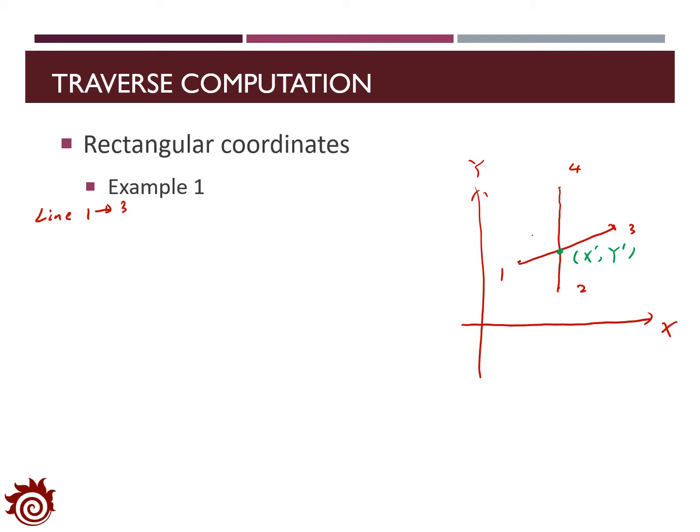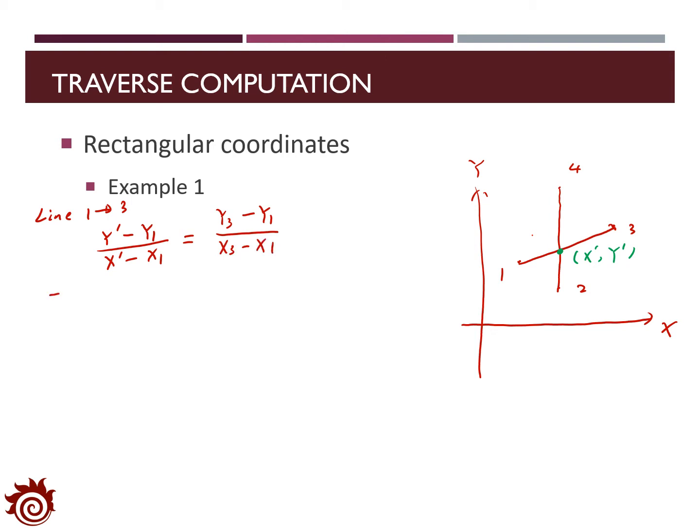That would be y prime minus y1 divided by x prime minus x1, which is the same as y3 minus y1 divided by x3 minus x1.